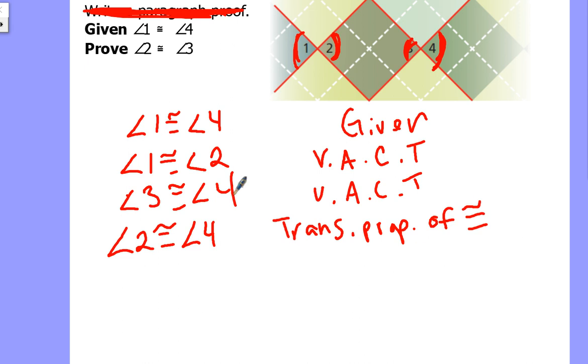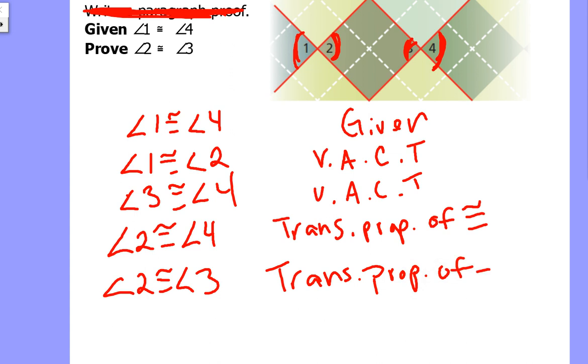And so now we've also stated that if 3 is congruent to 4, and 2 is congruent to 4, that means that 2 and 3 must also be congruent. Once again, by our transitive property of congruency.